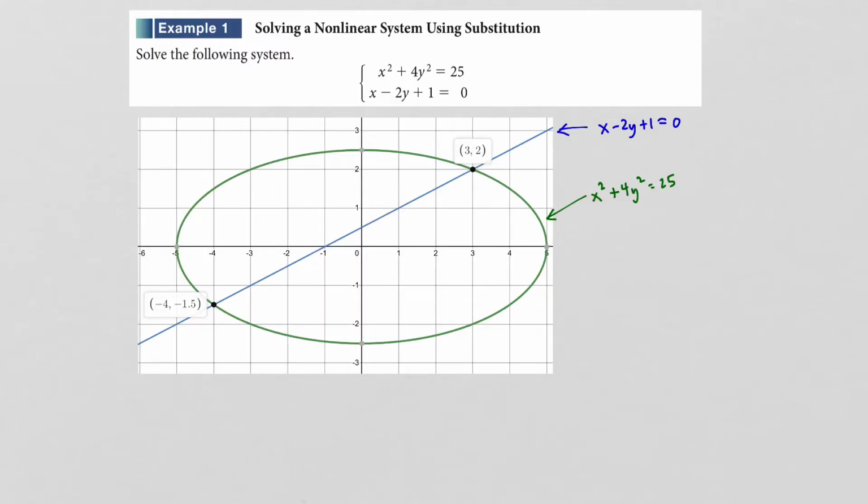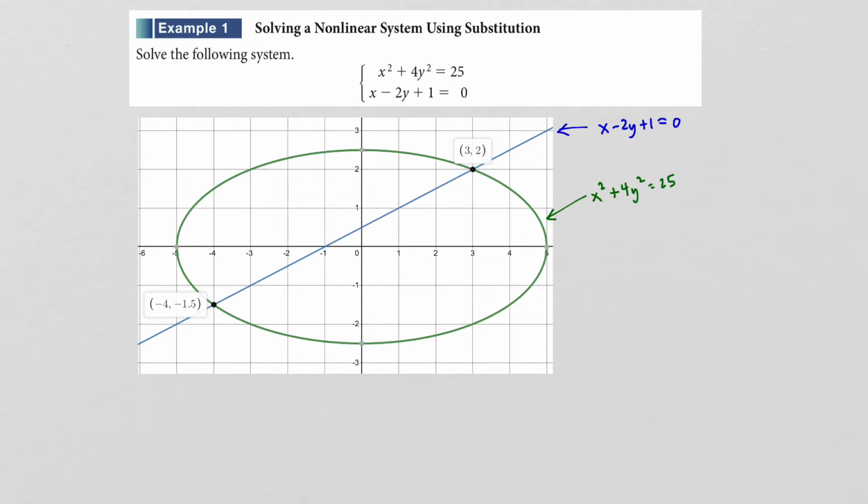And for visual confirmation, here is that first system that we just solved. I went ahead and graphed this on a graphing calculator. The green graph here represents x squared plus y squared equals 25. And the blue graph here represents the line x minus 2y plus 1 equals 0.